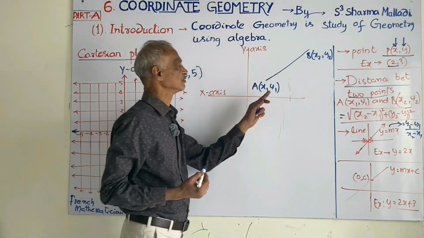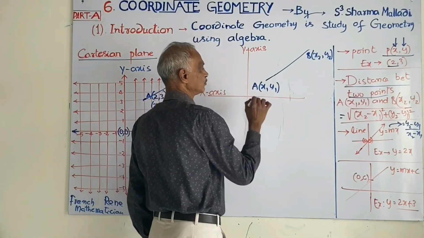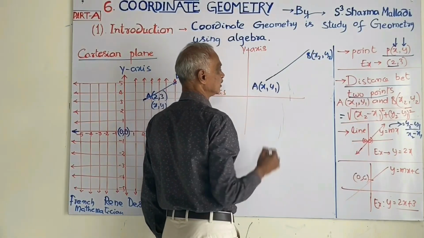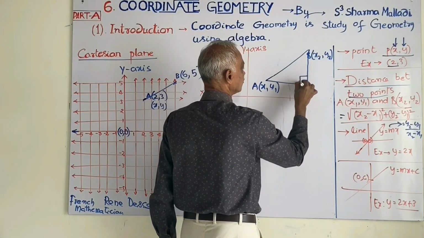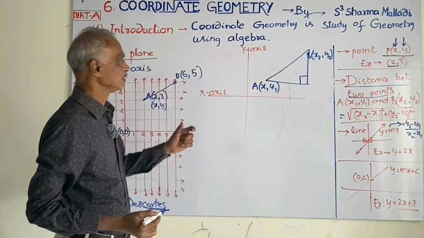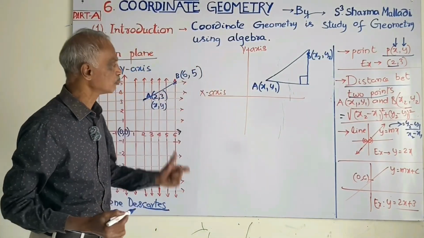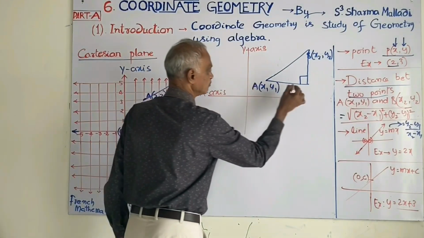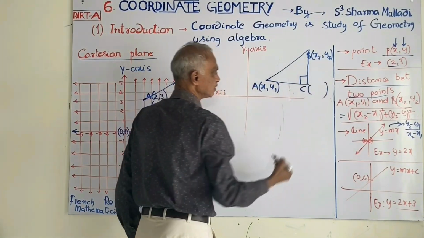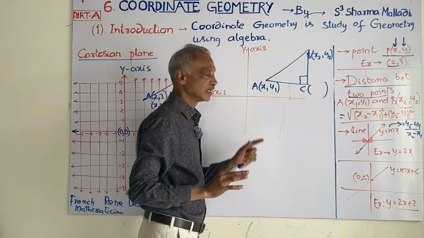This is x1 y1 and this is x2 y2. We have to find the distance between A and B. For that one, we require a right angle triangle and we can find out the distance between 2 points A and B using Pythagoras theorem. ABC. You remember, we will find out the point C.